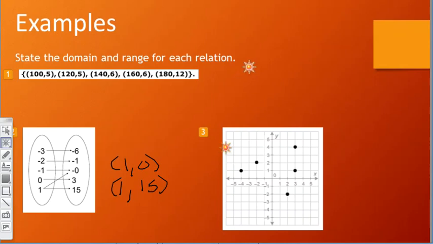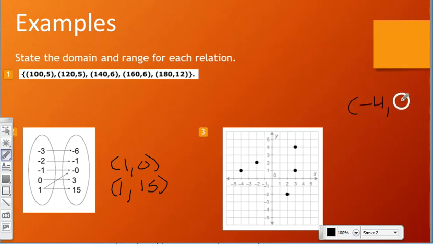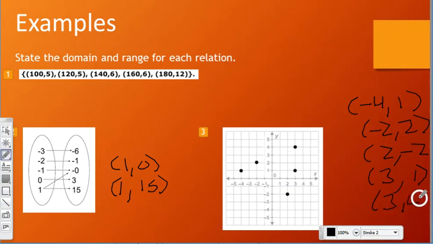Okay, whenever you have a representation of a graph for a relation, it really is easiest if you list the ordered pairs. Okay, and for this one, you can see that 3 is being paired with both 1 and 4.